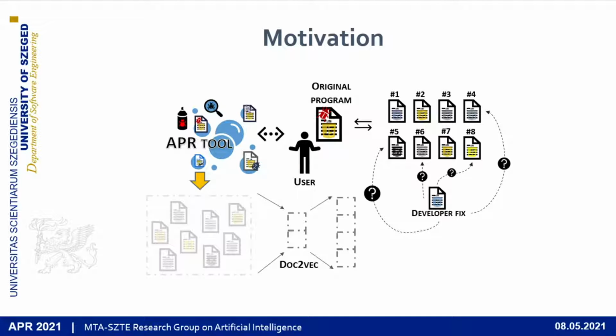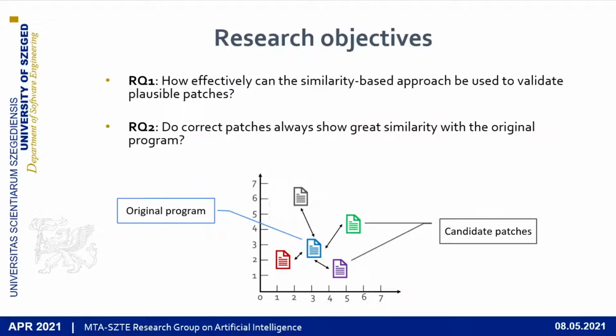These vectors contain information about the meaning, environment, and context of a word or document. The generated plausible patches are then lined up alongside the developer fix based on the similarities calculated previously. Based on this list, we can analyze which version of the fixed program is the most similar to the original one, the one created by an APR tool or the developer fix.